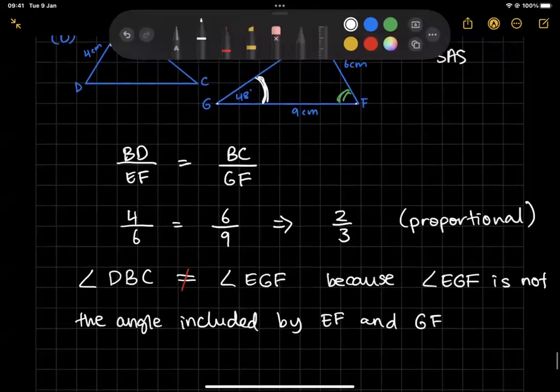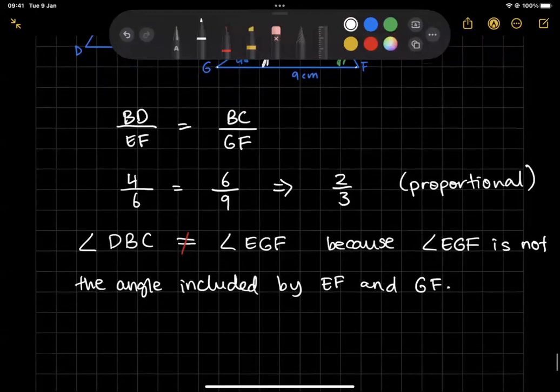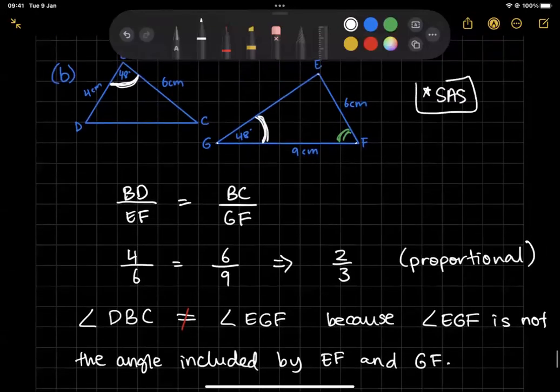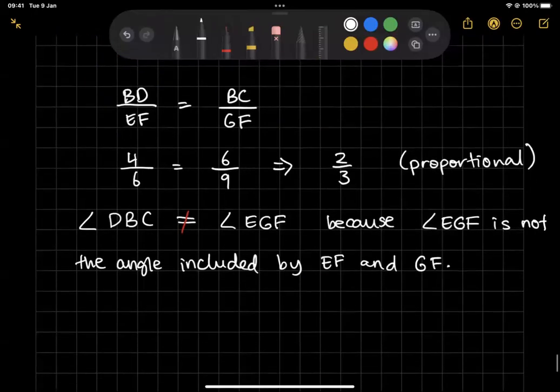That's how I proved that they're not. We predicted that it would be SAS, but it seems like it's not. Therefore, what I'm going to write down as my final statement is the triangles are not similar.